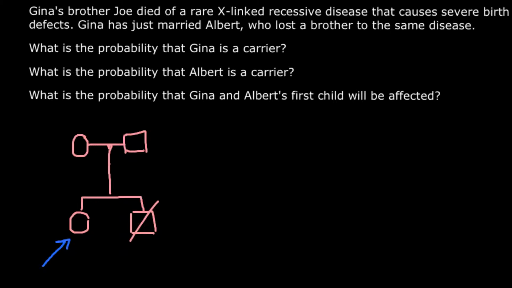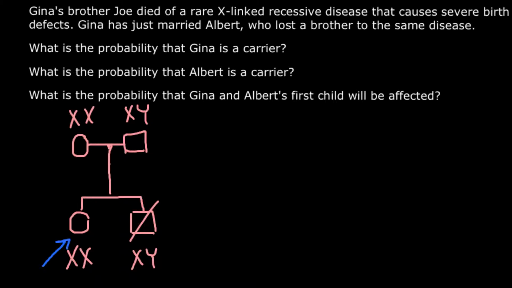And of course the genotype of the mother would be XX, the genotype of her father would be XY, the genotype of her brother would also be XY, and Gina's genotype would be XX. We know that her brother died from this genetic disorder. It is a recessive genetic disorder.